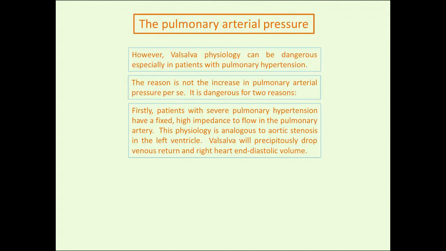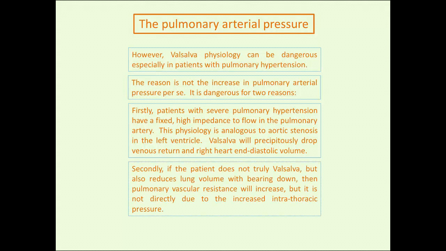So Valsalva will drop your venous return precipitously, and these patients are preload dependent. They rely on their end diastolic volume for stroke volume because they can't lower their end systolic volume much because of the high impedance to flow. So these patients will lose their cardiac output from Valsalvaing, but it is not the increase in pulmonary pressures, it is the drop in venous return.